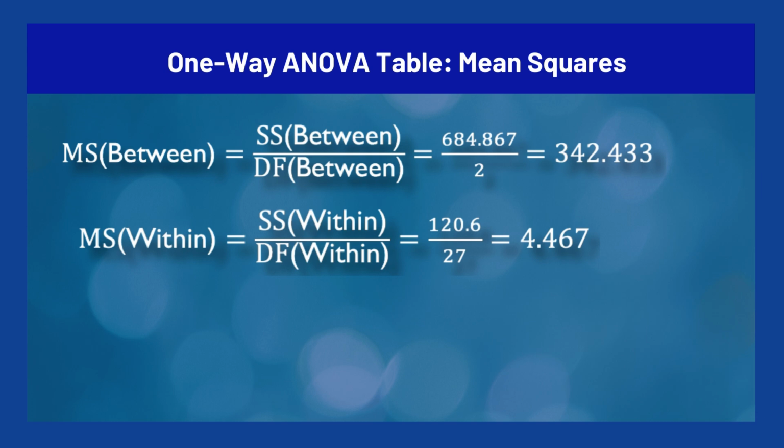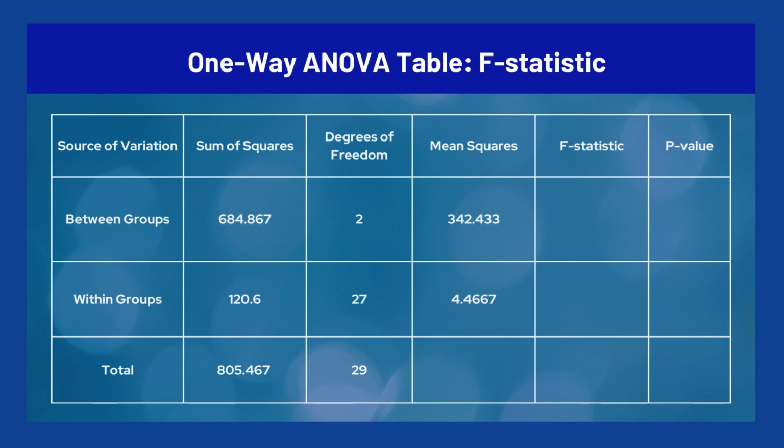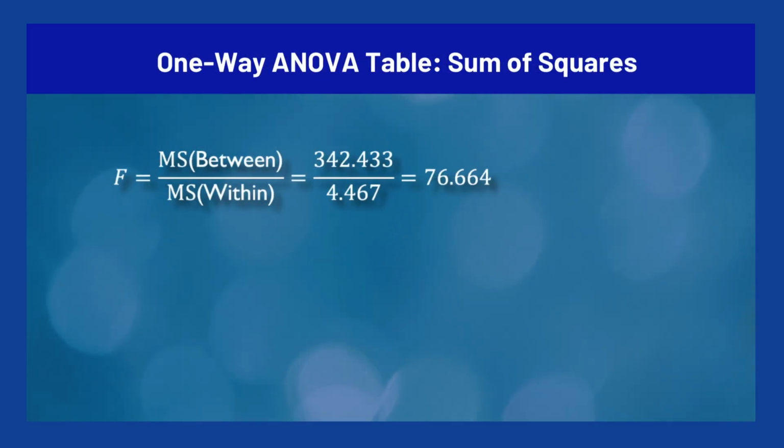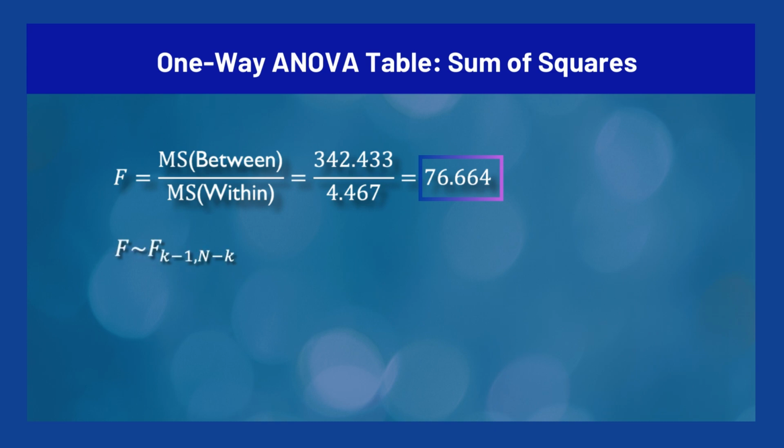The F statistic, a ratio of between group variance to within group variance, is calculated by dividing the mean squares between groups by the mean squares within groups. The F statistic is 76.664.